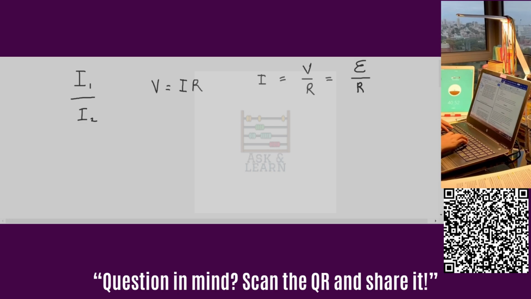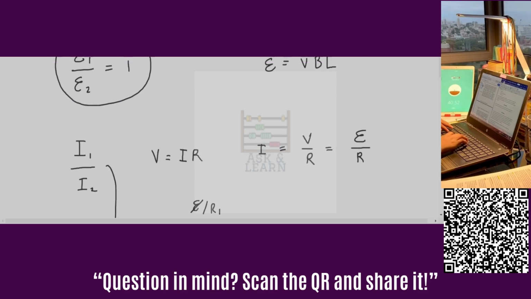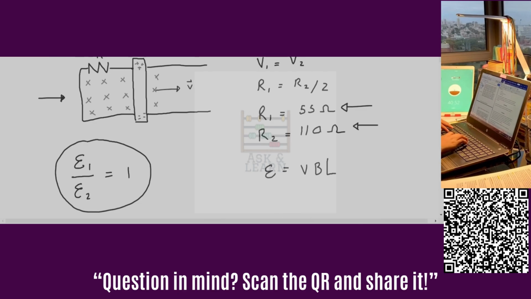So I1 over I2 is going to be equal to E over R1. Remember, E is the same for both circuits, divided by E over R2. So the E's will cancel out, the epsilons. And then we could plug in numbers for our resistances, or we could substitute for this relationship here. R1 is R2 over 2, or the same thing is 2 times R1 is R2.